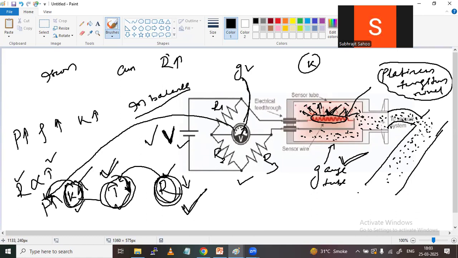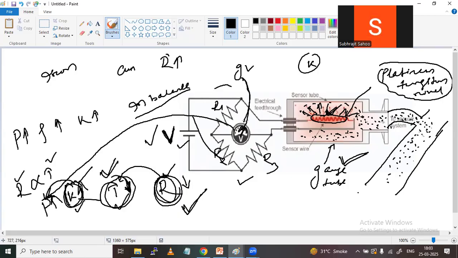Pressure low means the conductivity of the gas is low, right? That means less heat will be carried by the gas. If less heat is carried, then the temperature will increase again. If the temperature changes again, the circuit becomes imbalanced and the galvanometer shows the reading again.